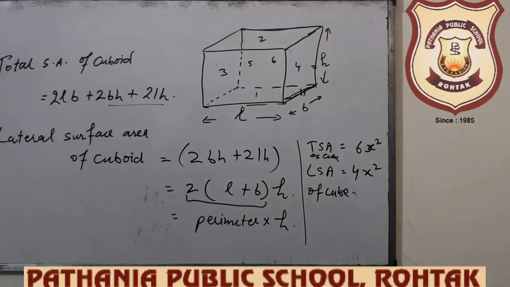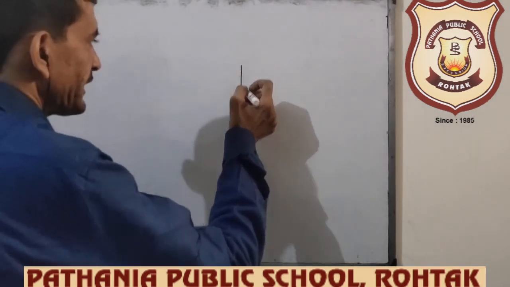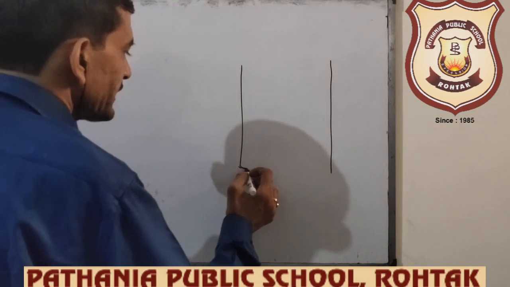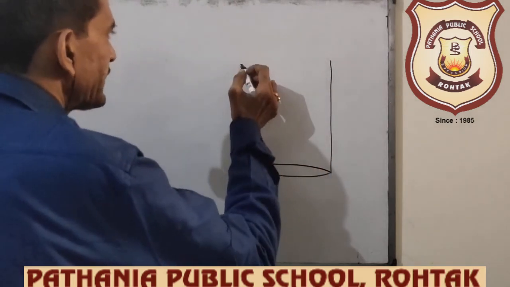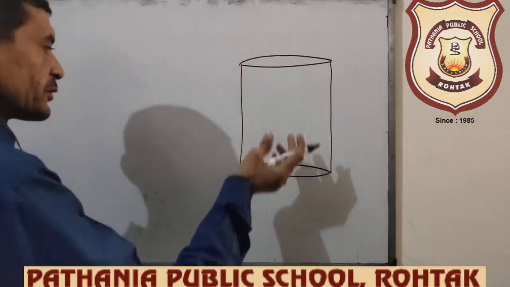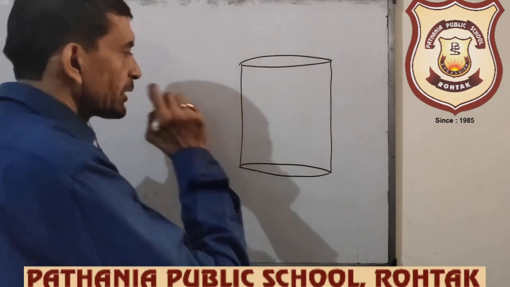Next, I am going to explain all this in case of cylinder also. This is the shape of a cylinder, and it is round at the top and bottom. These are circular. This is the top, this is the bottom, both are circular.